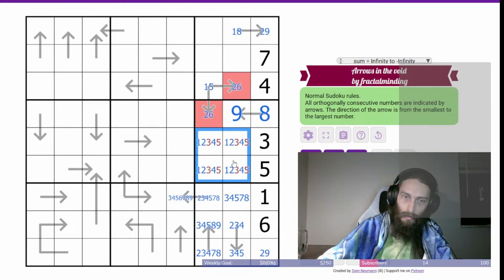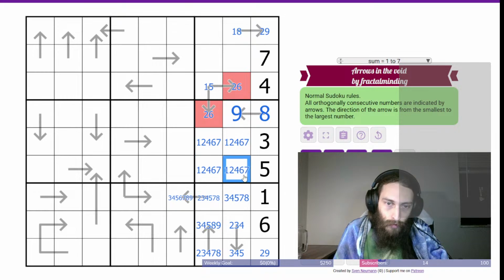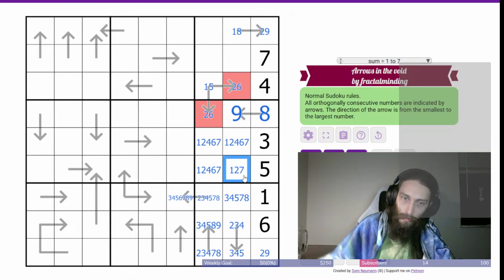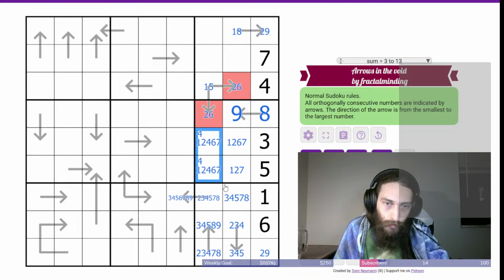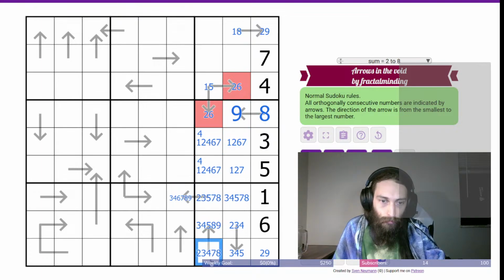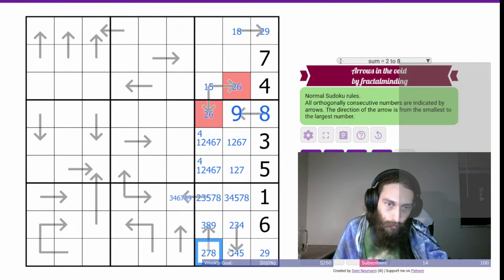What's left over in here? 9, 8, 3, 5. Can't put a 6 or a 4 next to a 5. You can't put a 4 next to a 3, so one of these two is 4. So 4 leads to 5, and 4 is preceded by 3.